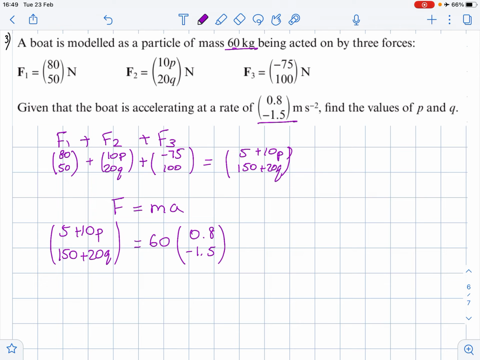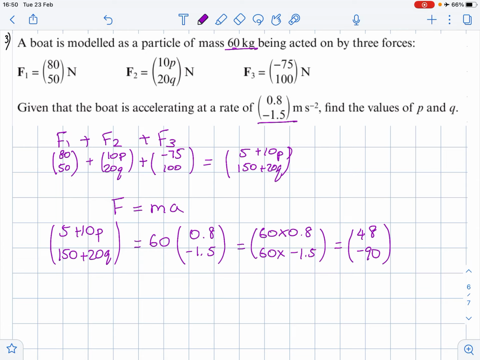Multiplying our vector out, we have 60 multiplied by 0.8 and 60 multiplied by minus 1.5. Just type into your calculator, and you should have 48 and minus 90.